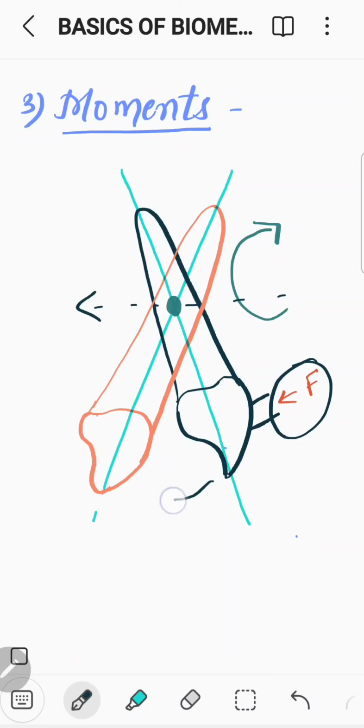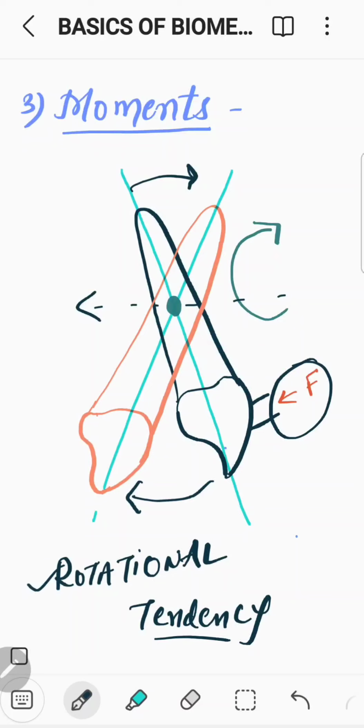Rather, the tooth will have a tendency to rotate. That particular rotational tendency is called moment. It can be clockwise or anti-clockwise according to the line of force action.